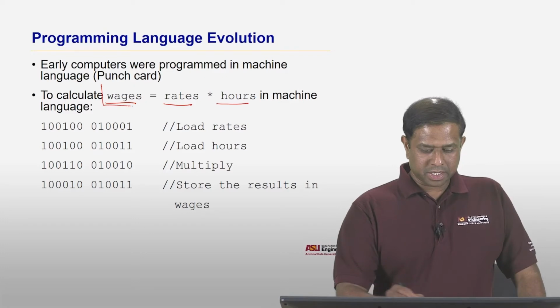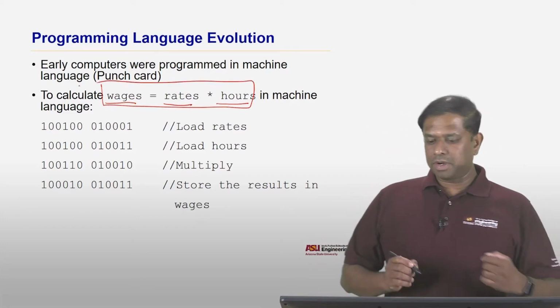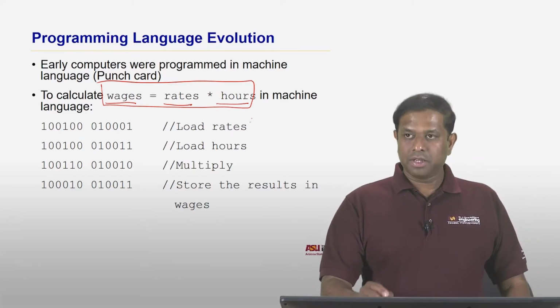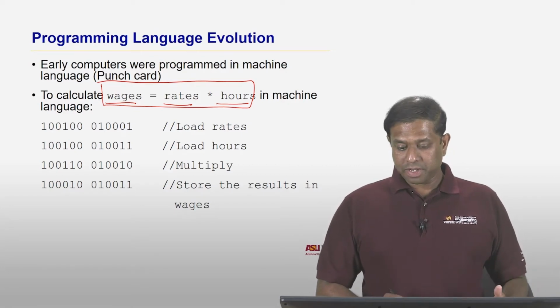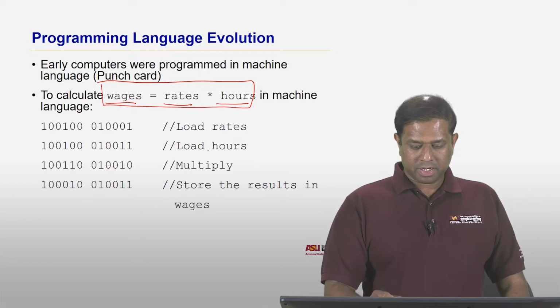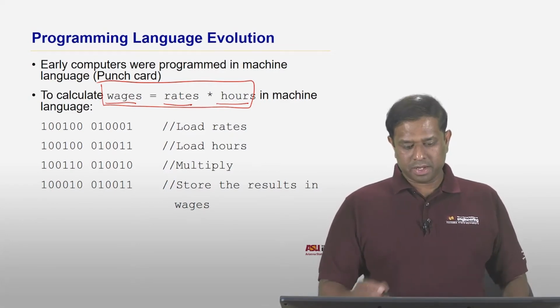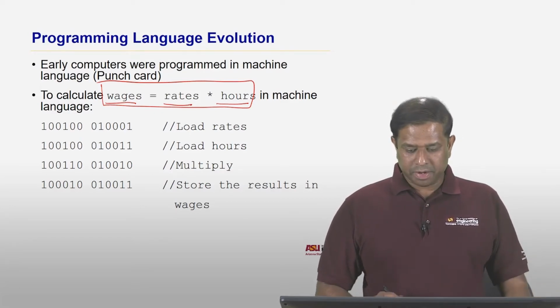To calculate this, I need to know how to represent this instruction using zeros and ones. From the previous lecture we know that we first need to load the data values, carry out the multiplication, and then store the result back into wages. It's the fetch, decode, execute cycle that we need to do.